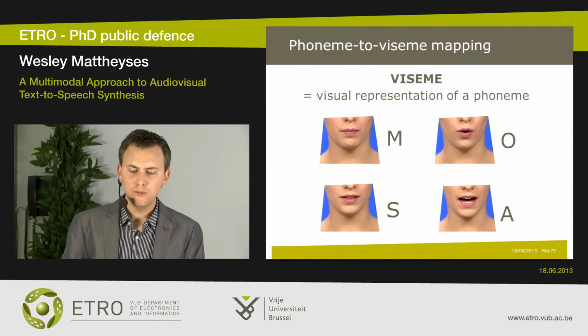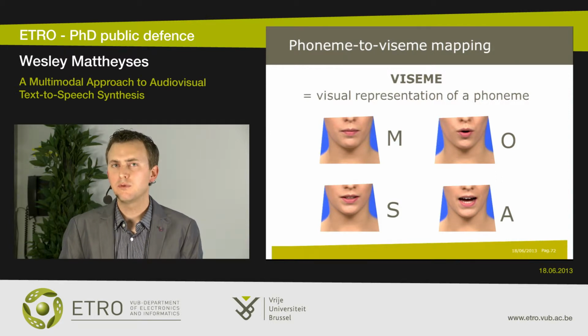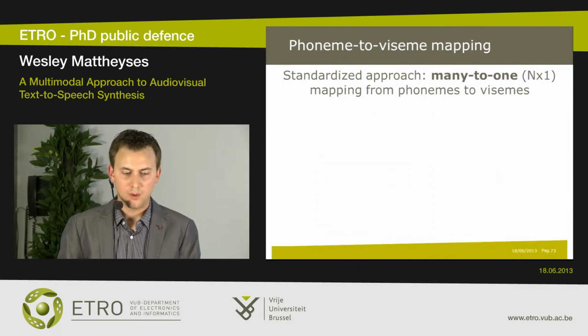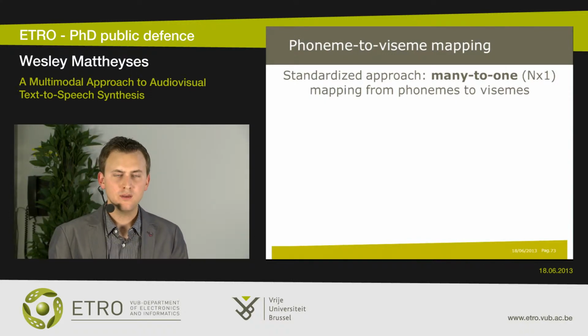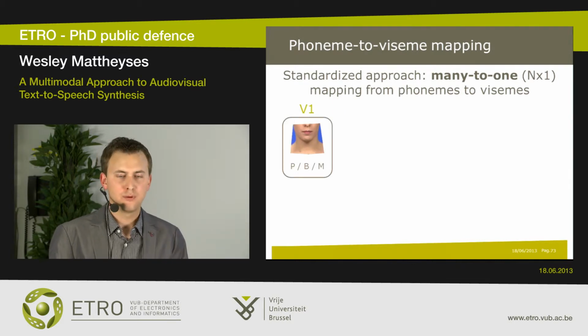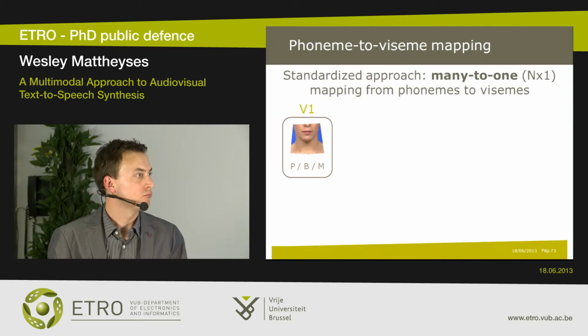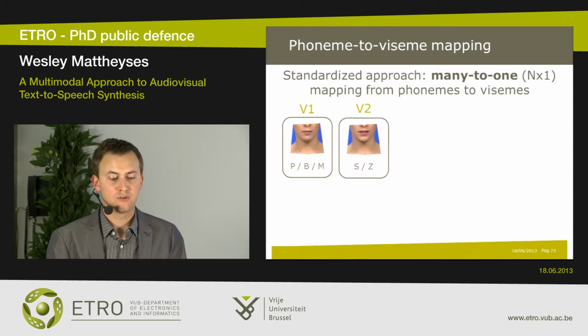Now, how do I go from phoneme labels to viseme labels? Well, the standard approach for this is to use a many-to-one mapping from phonemes to visemes. For instance, the p, b, and m phoneme, they all look the same. It's always a closed mouth, so you can cluster them into, let's say, viseme 1. The same can be said about phonemes s and z.